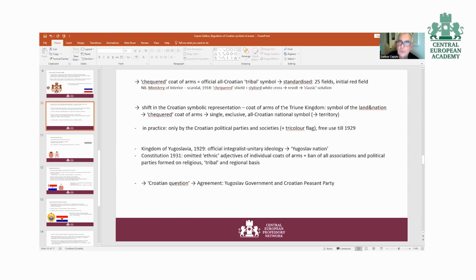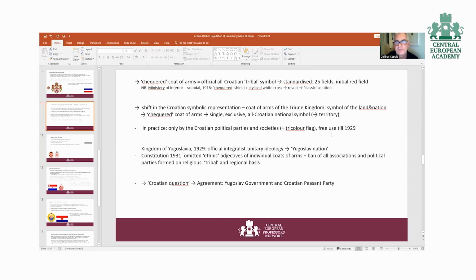So the former coat of arms of the Triune Kingdom, that was the coat of arms of the land and nation, was replaced officially by the checkered coat of arms as the single, exclusive, all-Croatian national symbol that also looked to symbolize the respective territory in a certain interpretation.